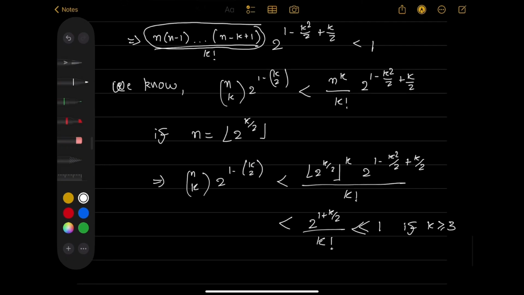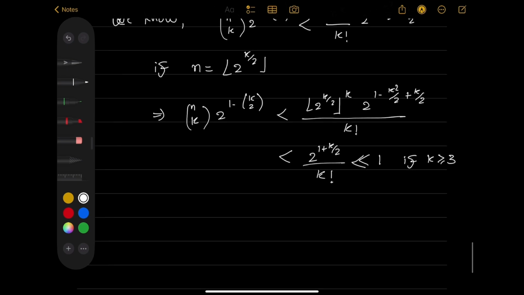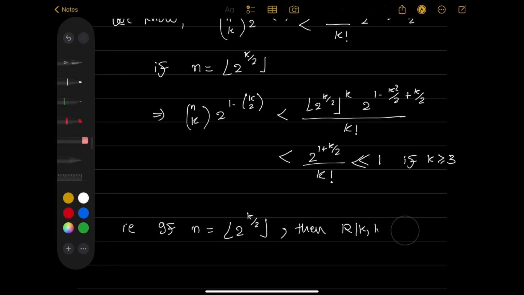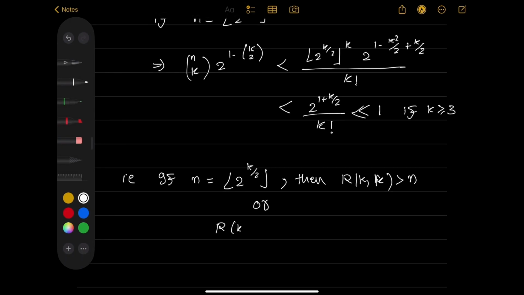You know that this value will be very small, right? So what does that mean? That is, if n equals 2 to the power k by 2, then R(k,k) is greater than floor of 2 to the power k by 2, okay?